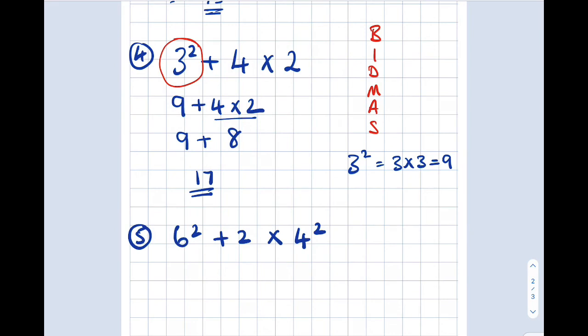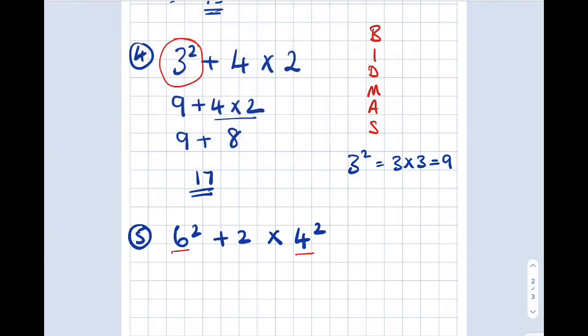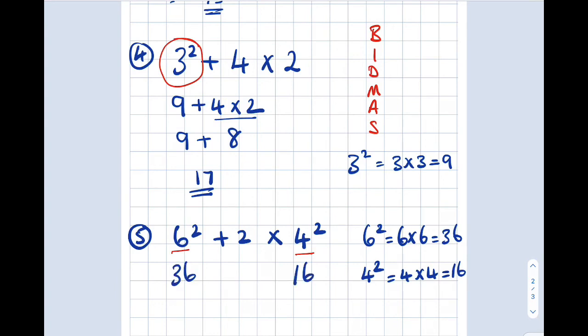There are 2 sets of indices here, so let's sort those out first, keeping everything else in place, and don't do any other calculations. 6 squared is 6 times 6, which is 36. The 4 squared is 4 times 4, which is 16. Everything else in between stays the same.